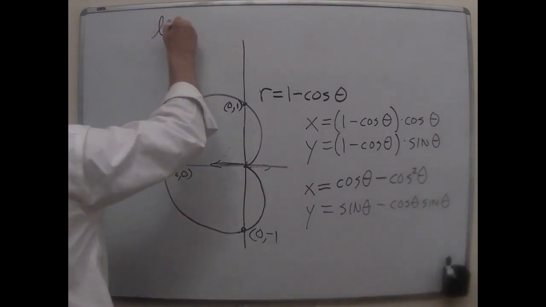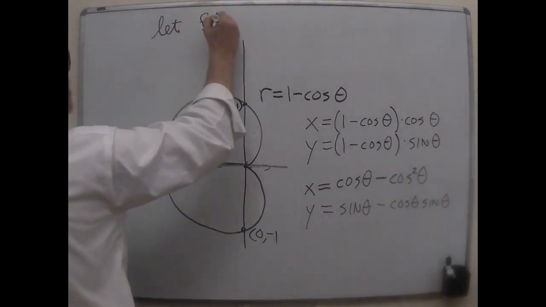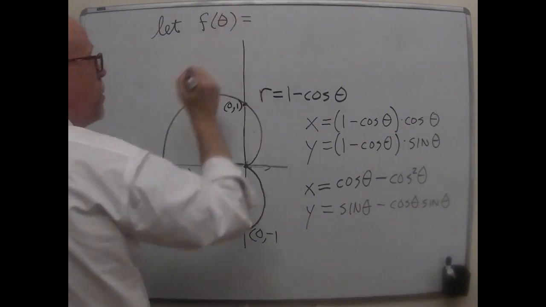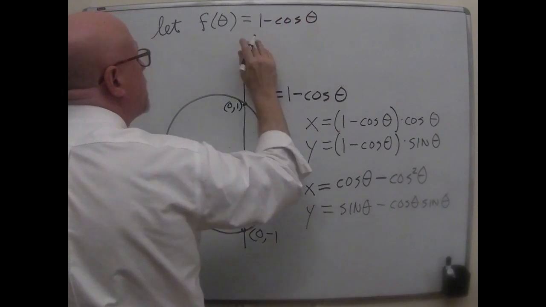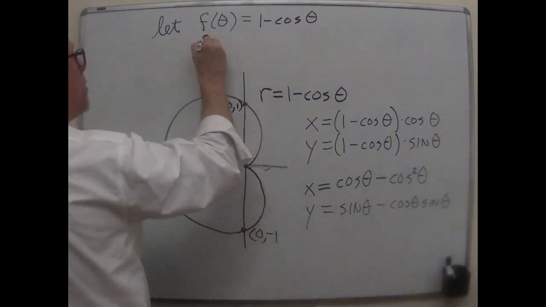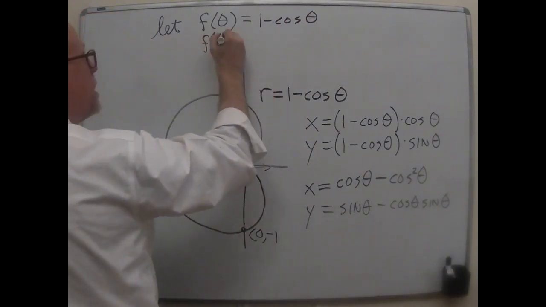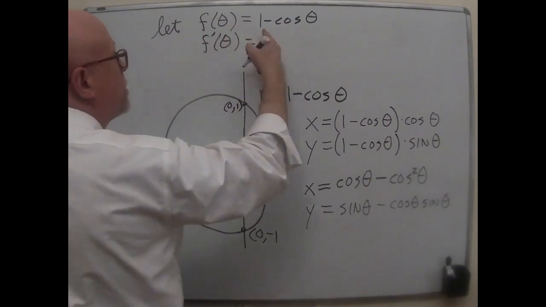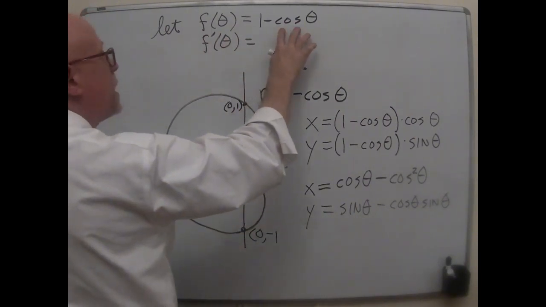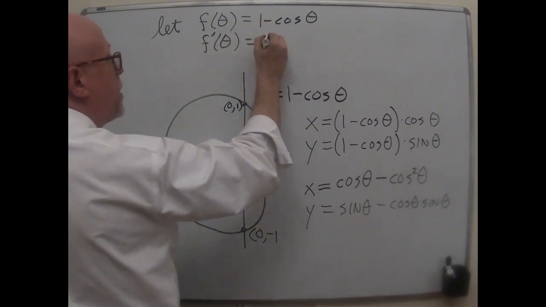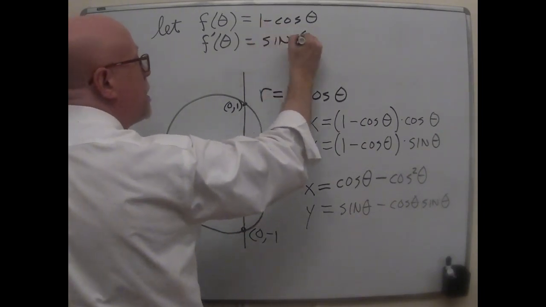Let f of theta be 1 minus cos theta. Then f prime of theta, that's going to be, well, derivative of 1 is 0. Derivative of cosine is minus sine. With that minus, we get a positive thing, so we get sine theta.